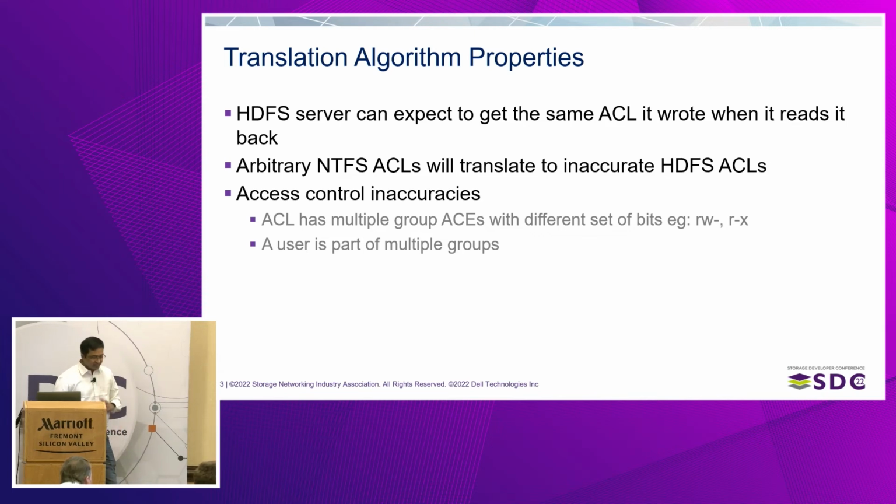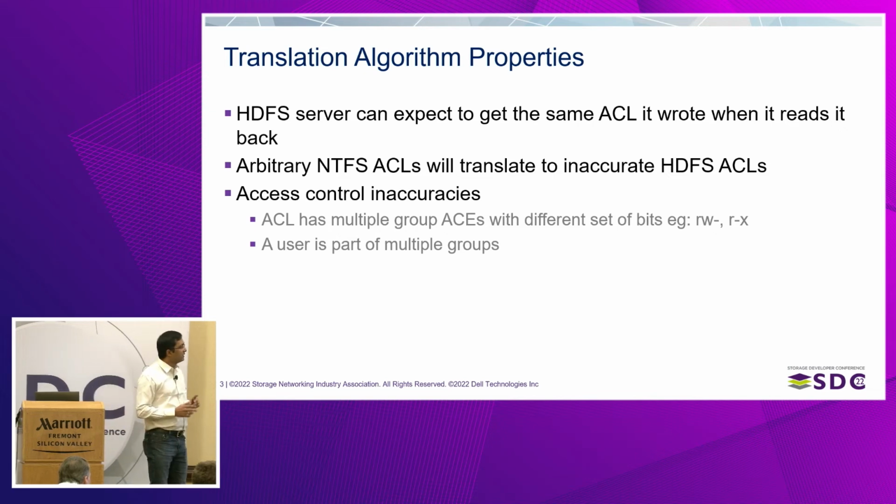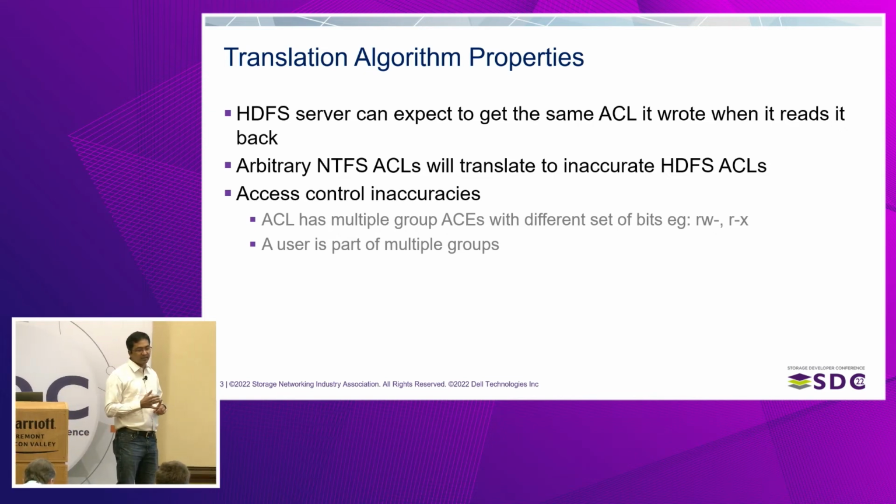Now here's where it gets really into the weeds, right? There is one case where there is still an inaccuracy, even after doing all this. If you were to take a POSIX ACL and convert it into NTFS, there is one specific case where things can go wrong. That is the case where you have multiple groups, and if these groups cannot be ordered in non-decreasing order of mode bits, then you can potentially have problems.